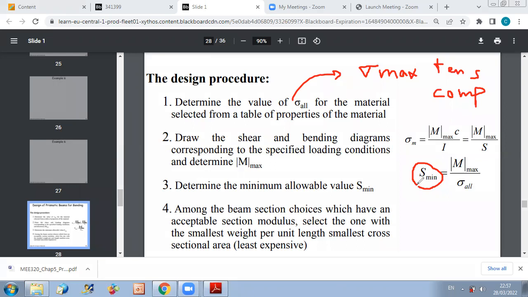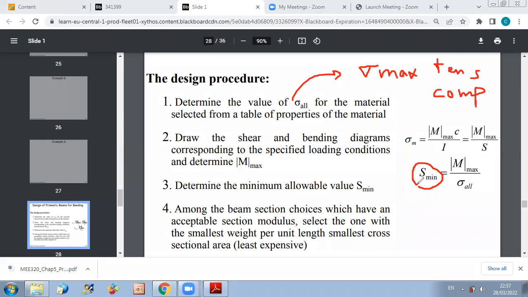And once we have all of this information, then we can design the beam. So we can find the size of the cross section, or if it's a standard cross section, we can go to Appendix C and make an appropriate selection of a section modulus that will give us the acceptable design. Now, sometimes we have several choices of standard cross sections.